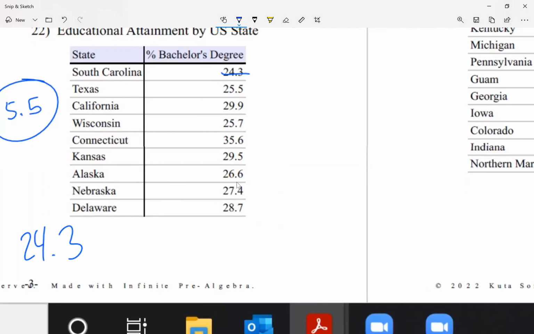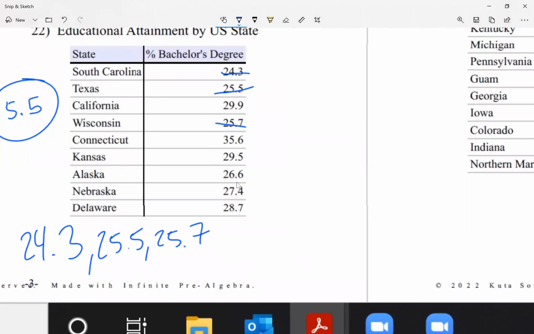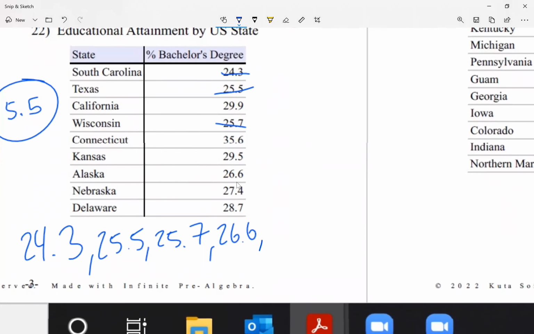This is the hard part, listing them in order. Then we have 25.5, 25.7, 26.6. Then we have 27.4.